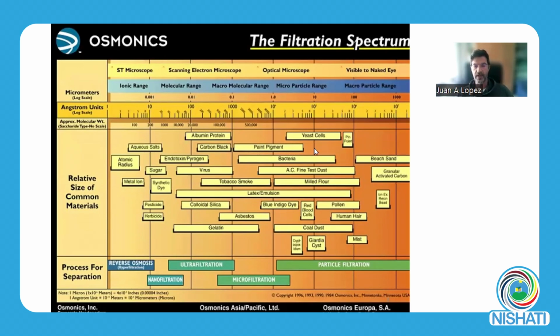So here we have a nice slide, the filtration spectrum. And here you can see many different scales at the top. You can see visible to naked eye, optical microscope, or a different range from macroparticles, microparticles, macromolecular, molecular range, and ionic range, or in Angstrom, or even in molecular weight, okay?